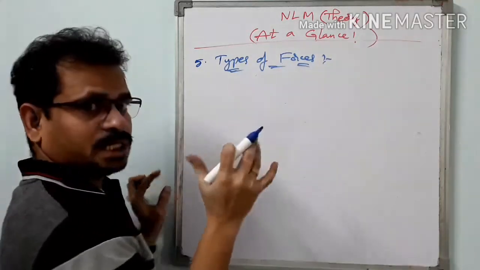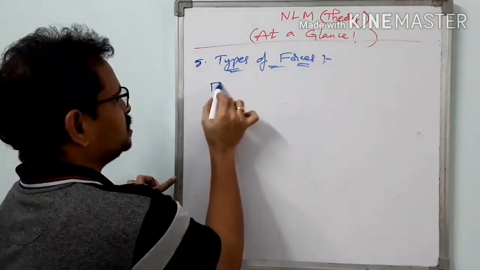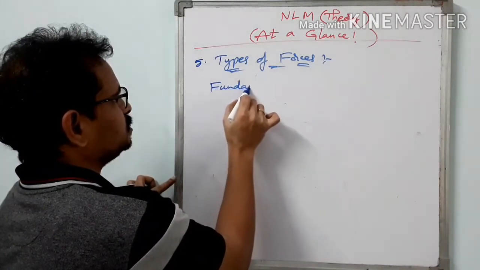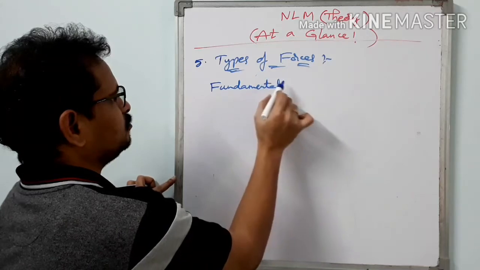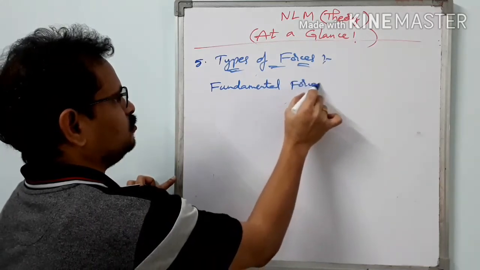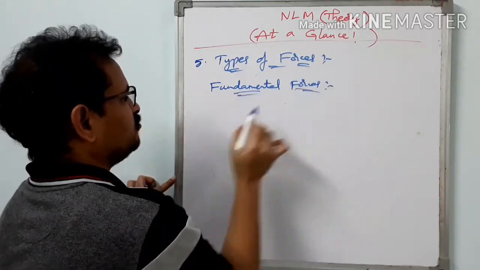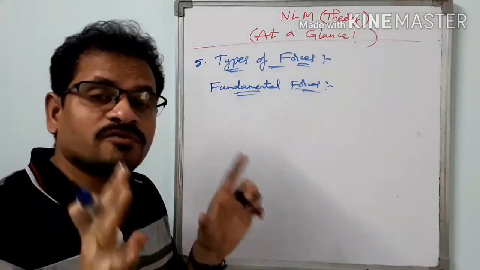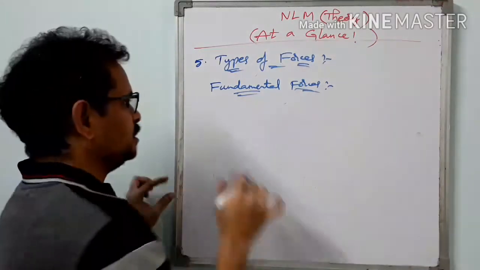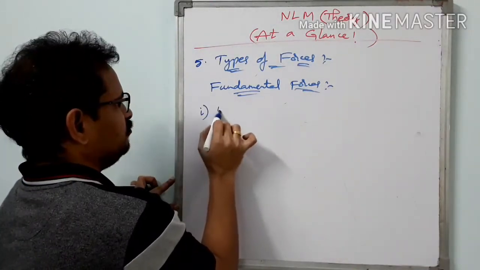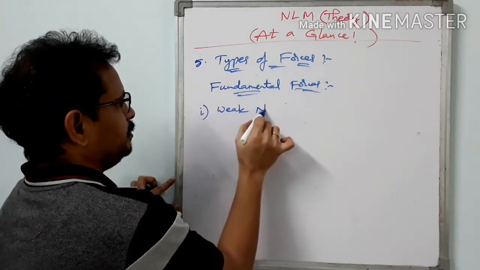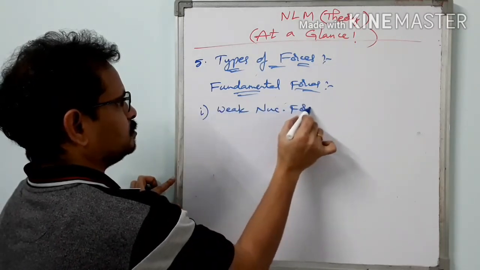Number 5, types of forces. We are considering two types of classifications here. One is fundamental forces. What are fundamental forces? In the universe, there are 4 fundamental forces, that is, basic forces. Number 1 is weak nuclear force.